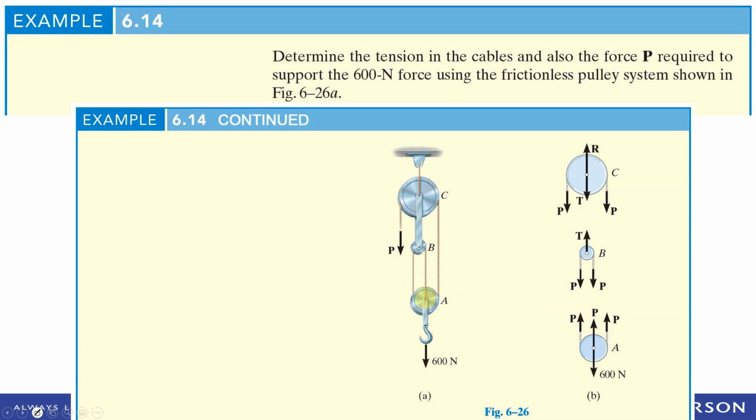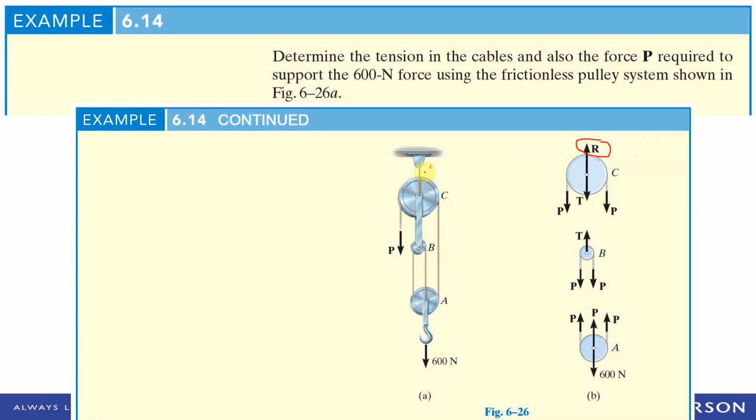The cable is hooked to the pin joint, goes up over pulley B, around pulley A, up to pulley C, and down to pulley B. So remember, the tension in the same cable is going to be the same. If this is not the same as this, then the pulley will rotate. If this is different than this, then the B pulley will rotate. If this is different than this, then the C pulley will rotate.